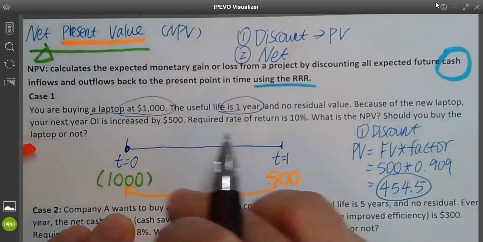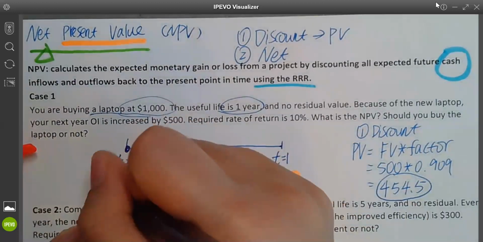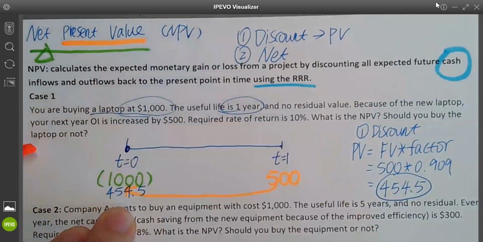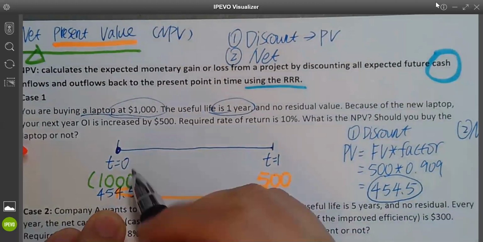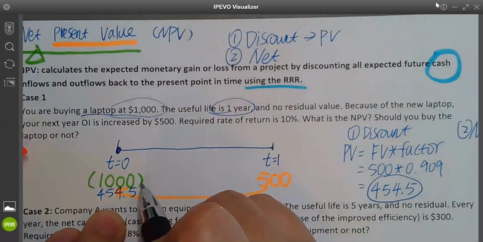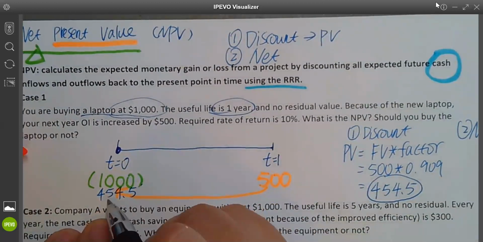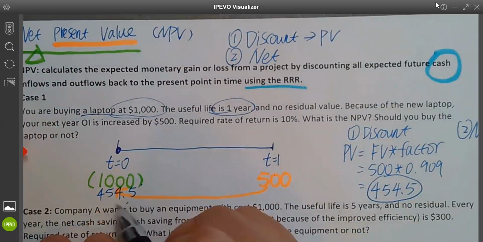Now we discount it back, we got 454.5. Are we done? Is that our net present value? No, we have to net, right? So we have to get a net present value. We have 1,000 outflow, we have 454.5 inflow.